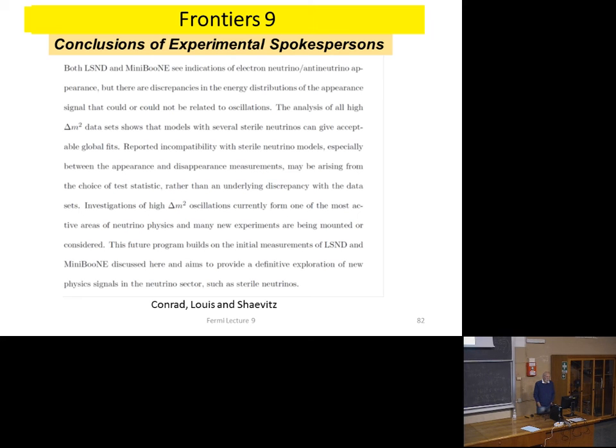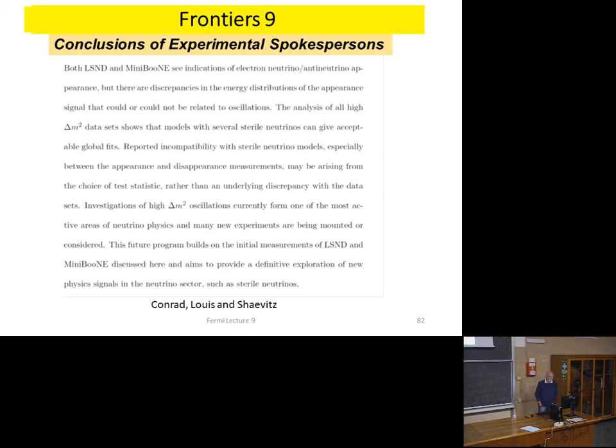"Reported incompatibility with sterile neutrino models, especially between the appearance and disappearance measurements, may be arising from the choice of test statistics rather than the underlying discrepancy with the data sets." So the way the data was analyzed in the two experiments used different statistical methods, and that may cause some of the difference between the two.